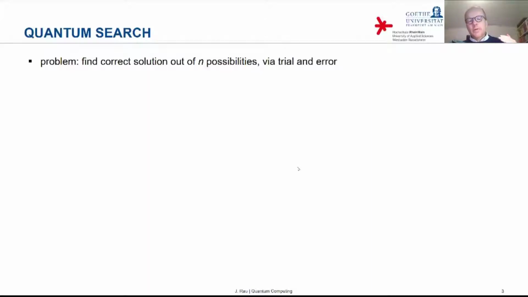So you could check them all until you find the correct one, and the number of checks you would have to do would scale linearly with the number of possibilities.